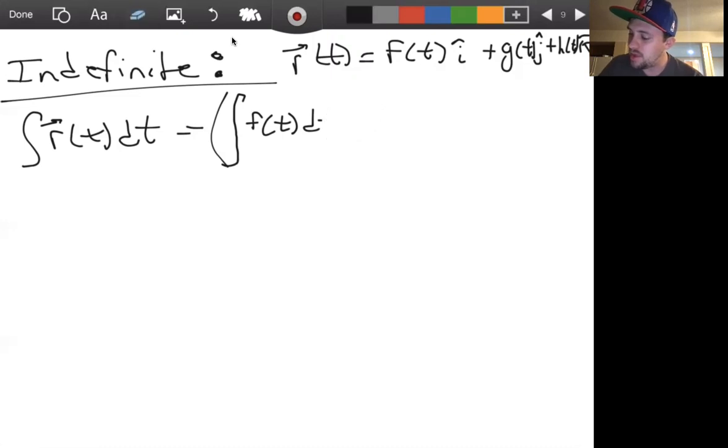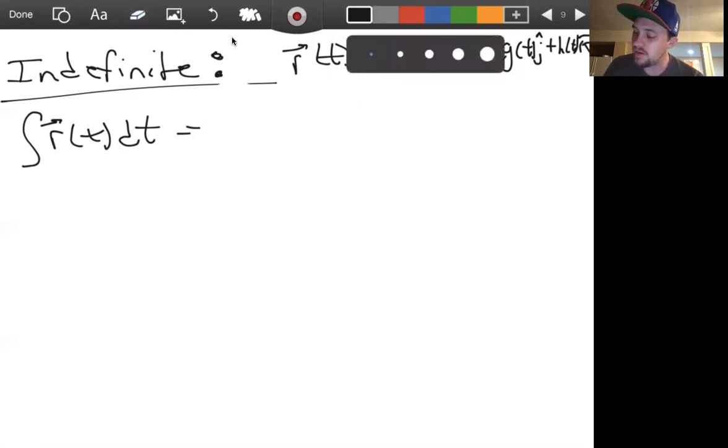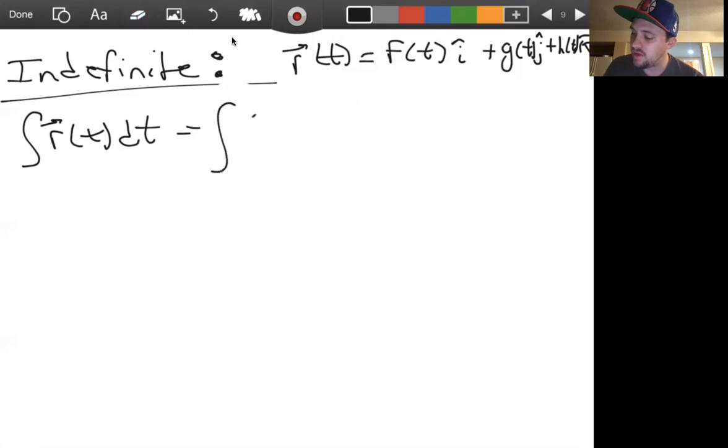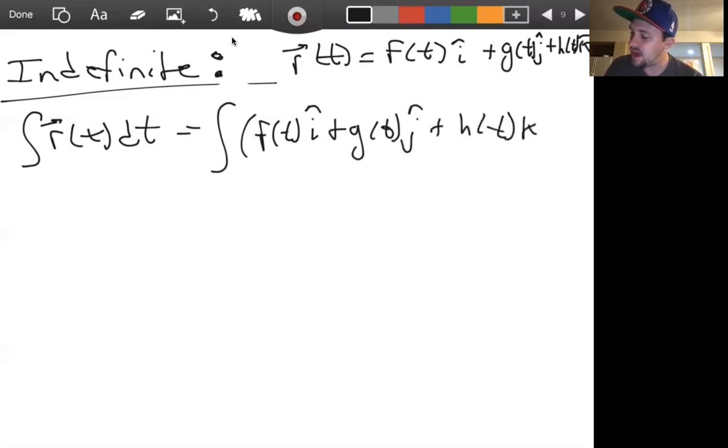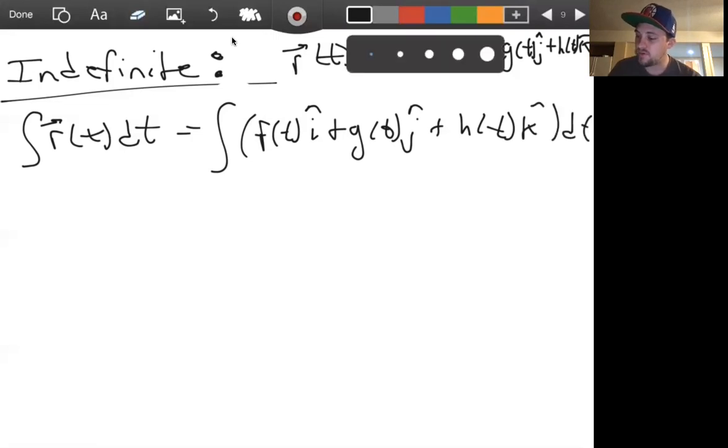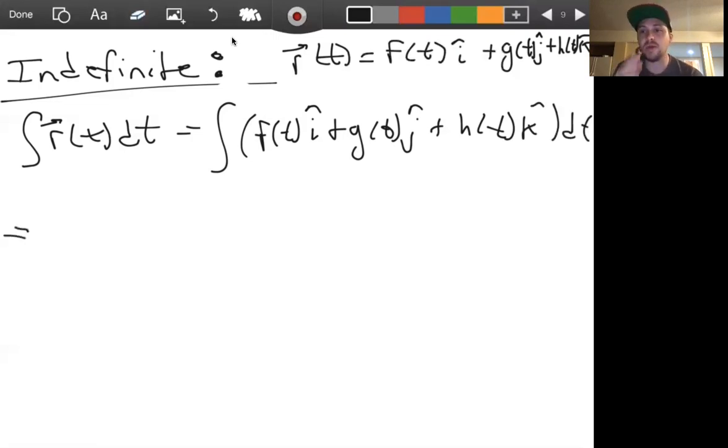So for the sake of being more thorough, let's write out a bit more steps here. What is the integral of r of t? It's the integral of f of t i hat plus g of t j hat plus h of t k hat dt. Now, by my previous reasoning, since the limit of a vector valued function passes to the limits in each component, so does the integral.